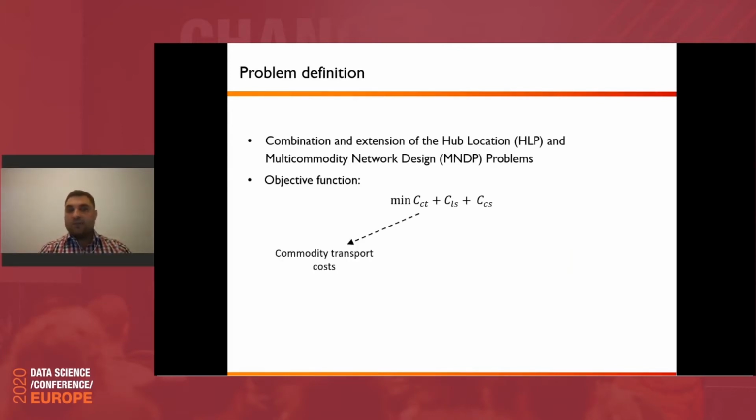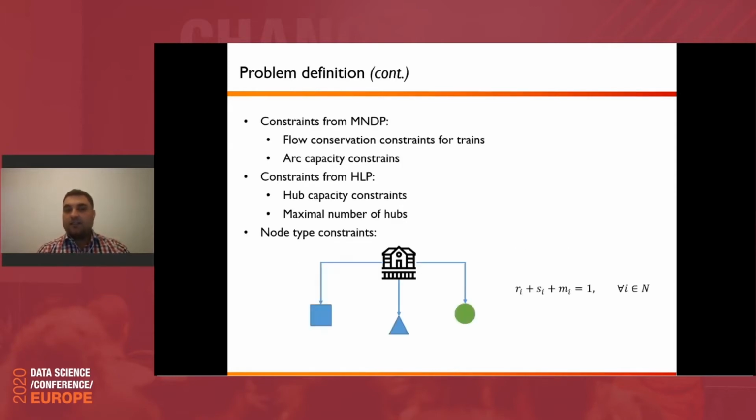First we defined the objective function, which consists of the costs of commodity transportation. Then we have the locomotive and staff costs, and finally the commodity shunting costs, which happen whenever a commodity is bundled or unbundled from a train. Our purpose was to find a solution which minimizes these costs.